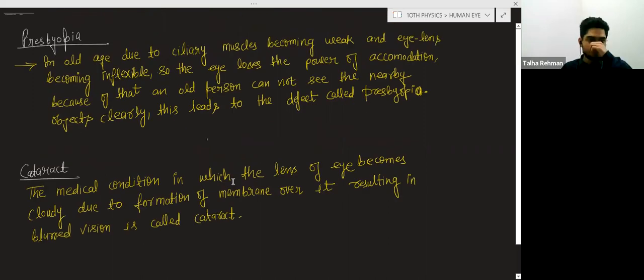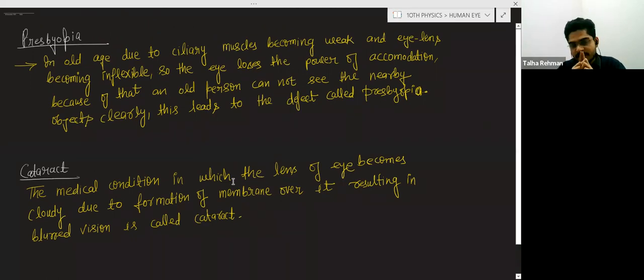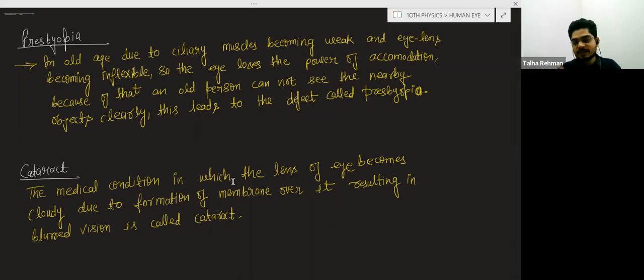Okay, so there is presbyopia. So what happens in the presbyopia? In old age, the ciliary muscles become weak. And what is the function of the ciliary muscles? To increase or decrease the focal length of the eye. What is the power of accommodation? Power of accommodation is the ability of the eye to focus on an object.